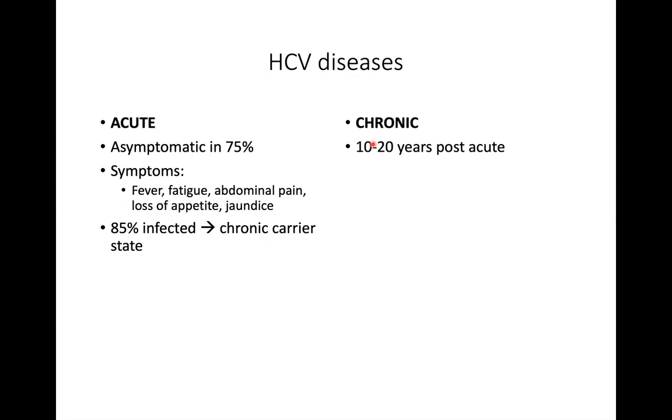And then the chronic form of disease can develop 10 to 20 years later. And this is when things get really severe, like you would imagine with hepatitis viruses. A person with chronic hepatitis C can develop cirrhosis. They can develop hepatocellular carcinoma.